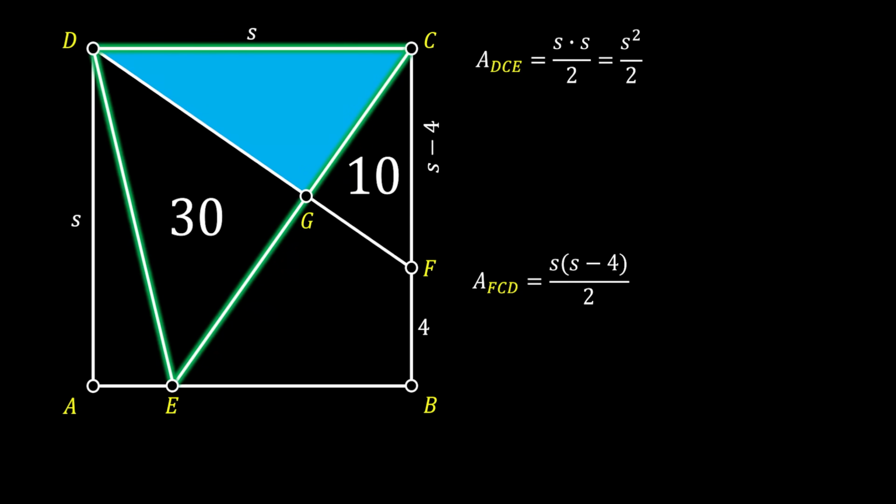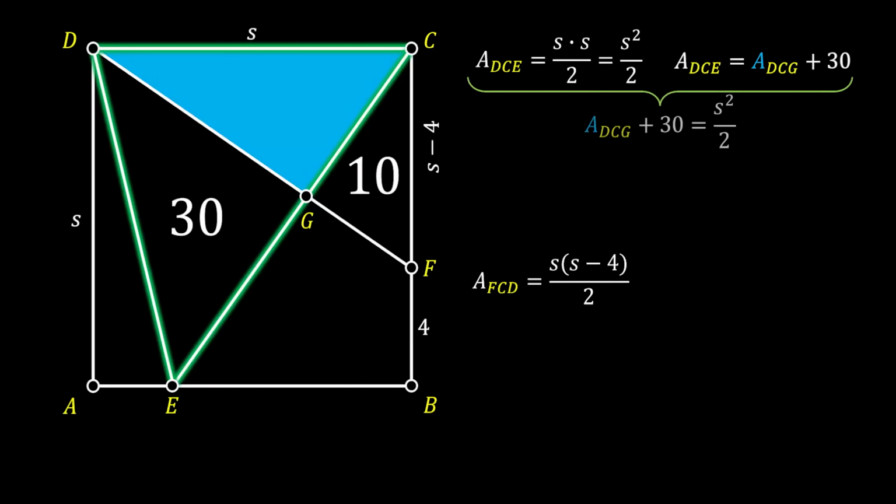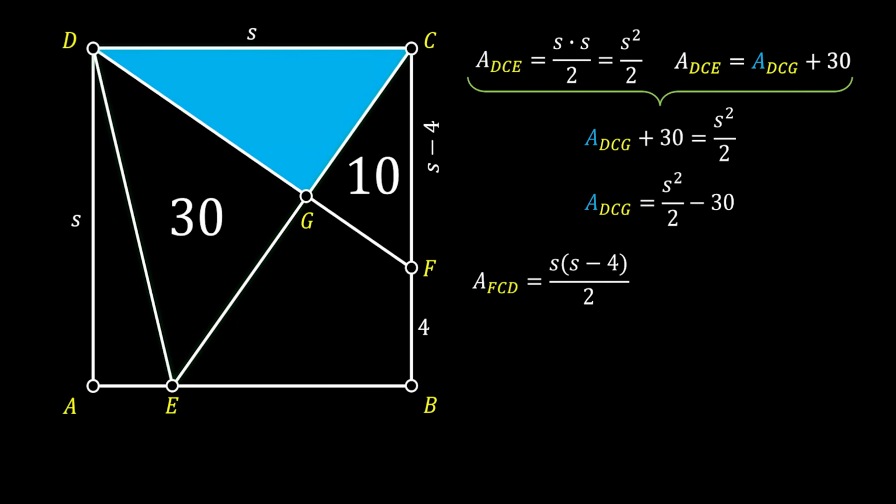We can write its area as the sum of the areas of the blue triangle DCG and the triangle DGE with the area of 30. Now, since both areas are equal to the triangle DCE, we can say that those two values are equal to each other. And from this, we can conclude that the area of the blue triangle is equal to S squared over 2 minus 30.